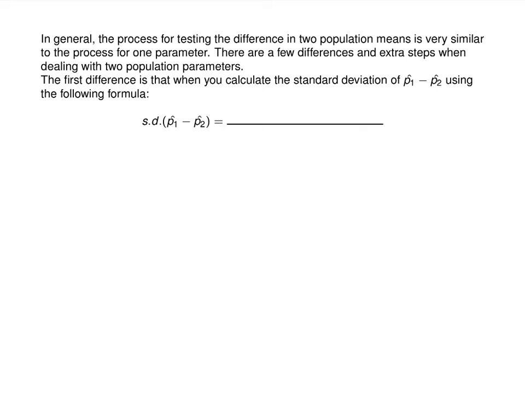And in general, the process for testing the difference in two population proportions is quite similar to one parameter. There's just a few extra steps and some small differences. So the first thing is that the standard deviation or standard error that we're going to use is found using this formula. So we have P1(1 minus P1)/N1 plus P2(1 minus P2)/N2.